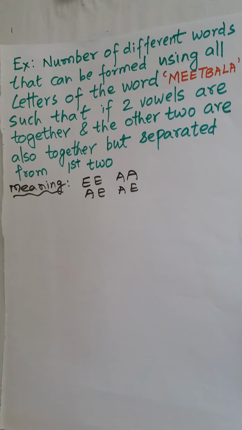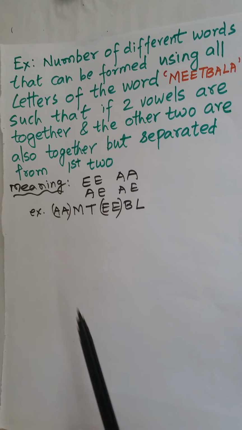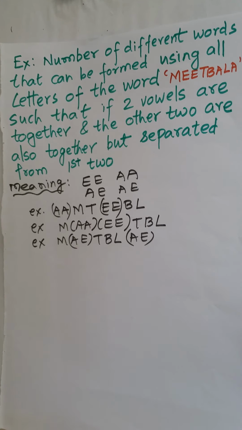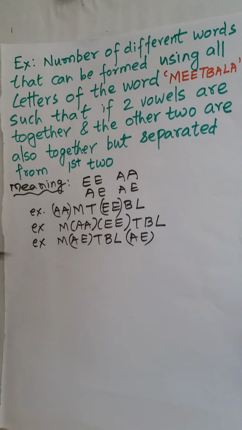So what it is saying is that 2 vowels are together and the other 2 are also together but separated from the first 2. Let me write an example to illustrate this. Here AA, EE are together. Here also together but they are adjacent. Here AE and AE are taken as two vowel combinations, and they are not together.